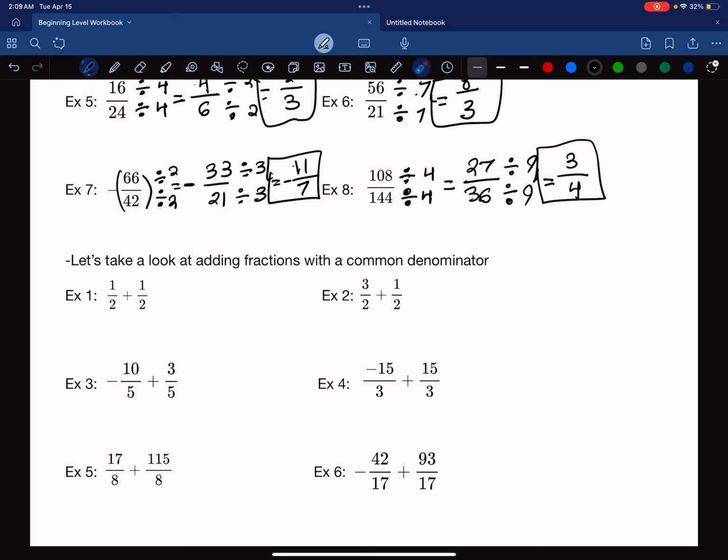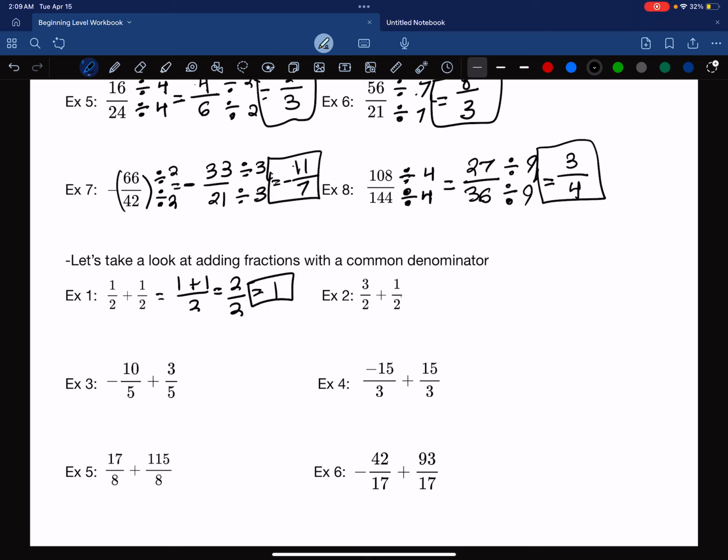Whenever we have fractions with common denominators, that have the same values in the bottom numbers like we see here, all you have to do is simply add the two numbers on the top and put it over whatever number is on the bottom. So 1/2 plus 1/2, that is going to be 1 plus 1 over 2. 1 plus 1 is 2. And we're going to put that over 2. 2 divided by 2 is 1.